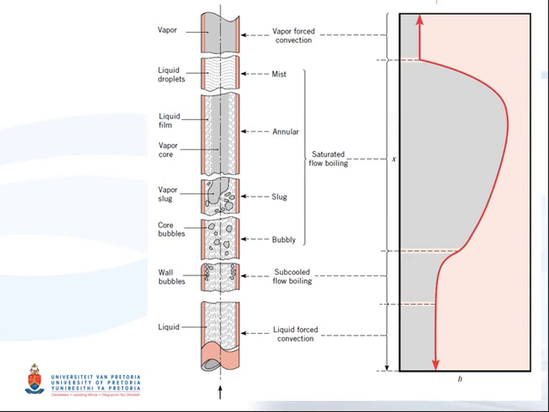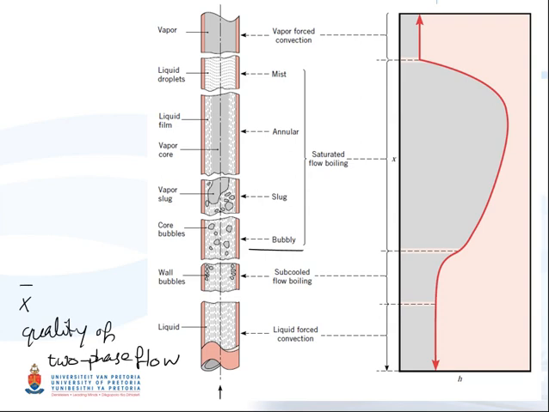The first stage of saturated flow boiling region corresponds to the bubbly flow. Here, as you can see, bubbly flow region. As the fluid is heated further, the X, when we say X, means the quality of two-phase flow.